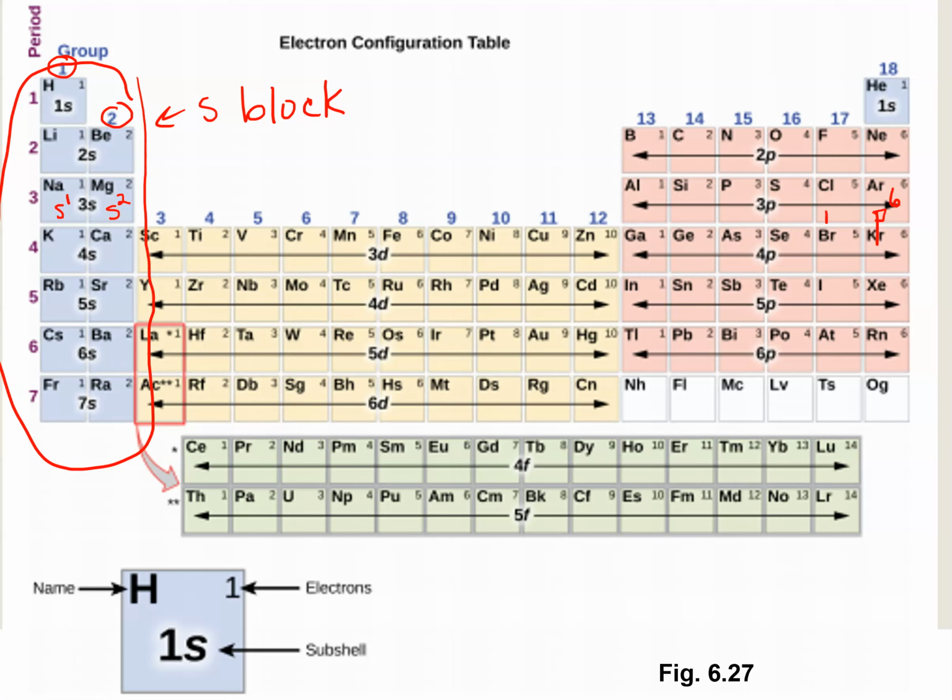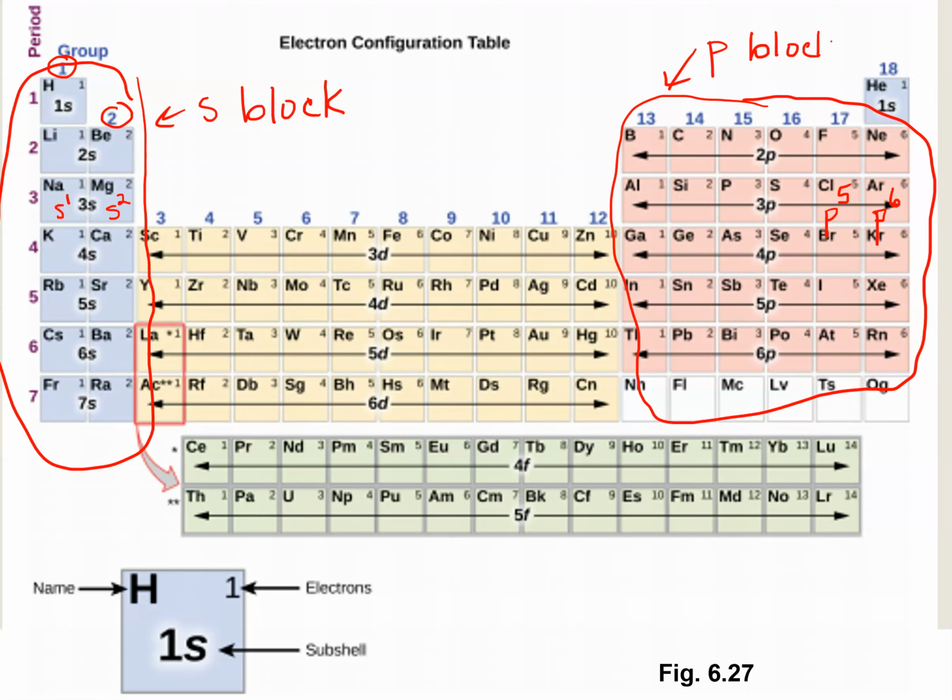When we look at the halogens, they ended in p5. Guess what block this pink block is? That is the p block. How many columns wide is it? 6. Coincidence? I think not.